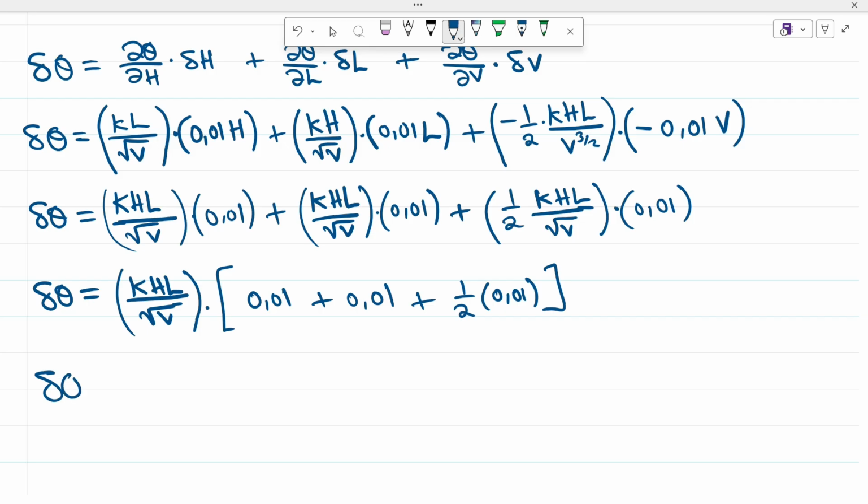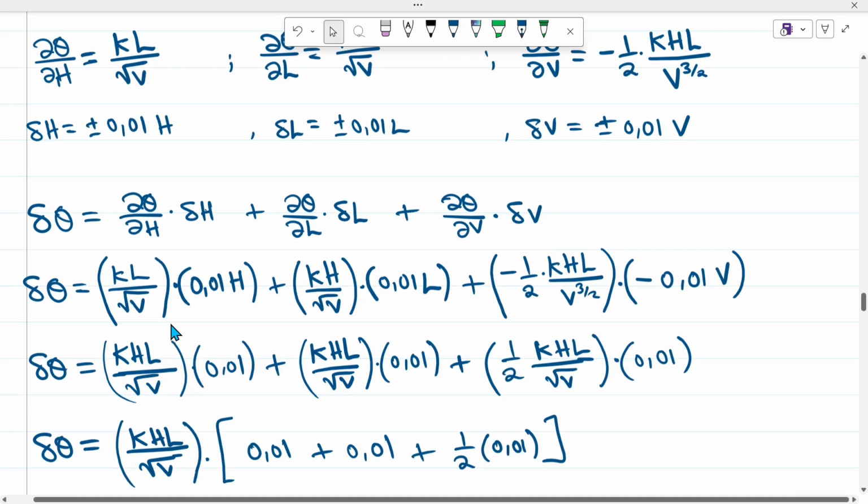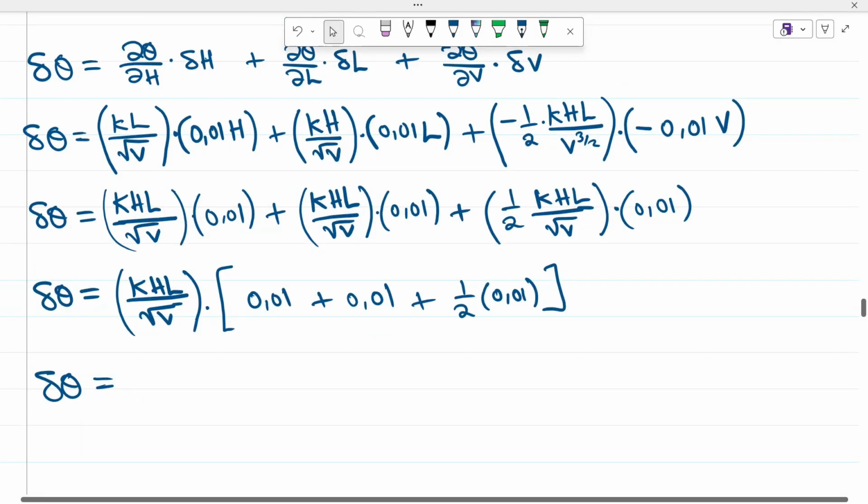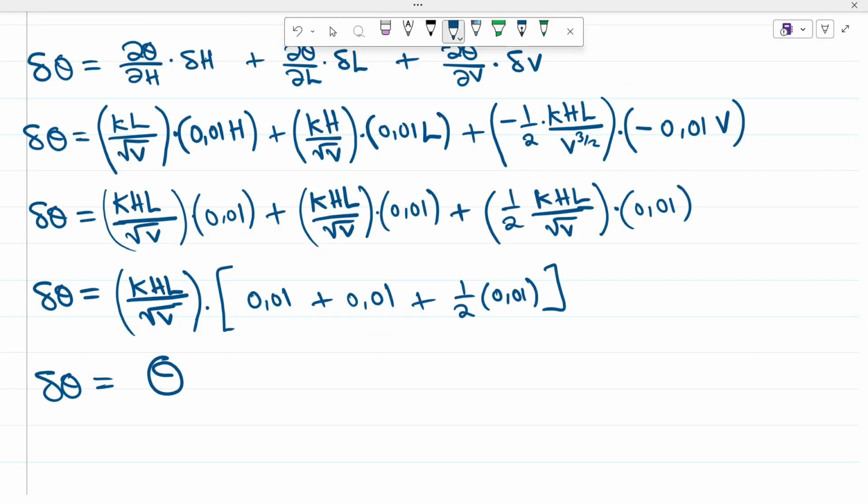And then that means our maximum percentage change of theta is going to be equivalent to what? Remember, khl divided by root v is equivalent to theta. So that means here we can substitute our theta, and then you do the calculator there to get the number inside the brackets. You'll find that it is equivalent to 0.025, right?